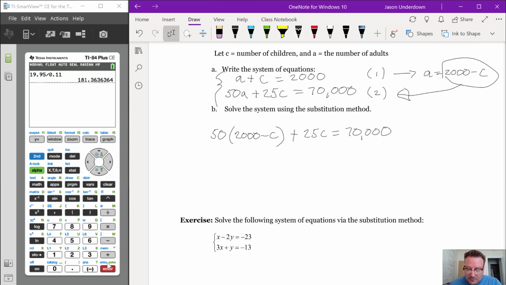I need to expand the left-hand side a little bit. 50 times 2,000 is 5 times 2,000 times 10, because 50 is 5 times 10. 5 times 2,000 is 10,000, and then 10 times 10,000 is 100,000. So I get 100,000 minus 50C plus 25C equals 70,000.